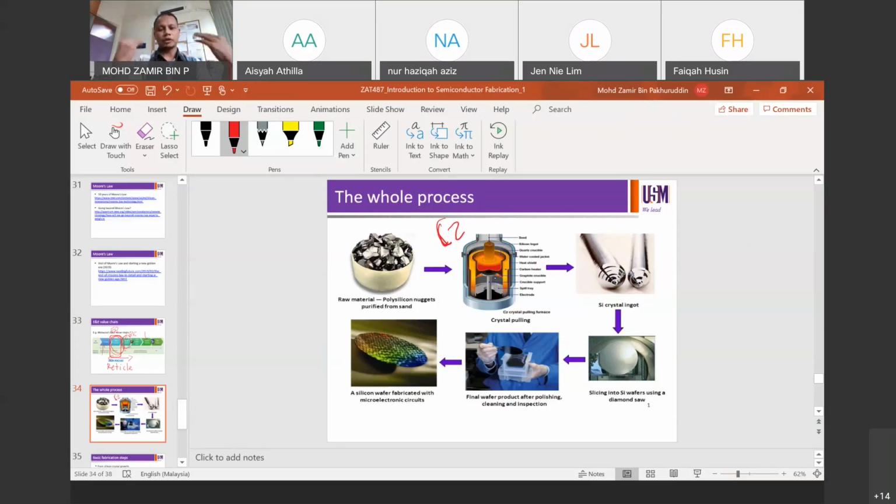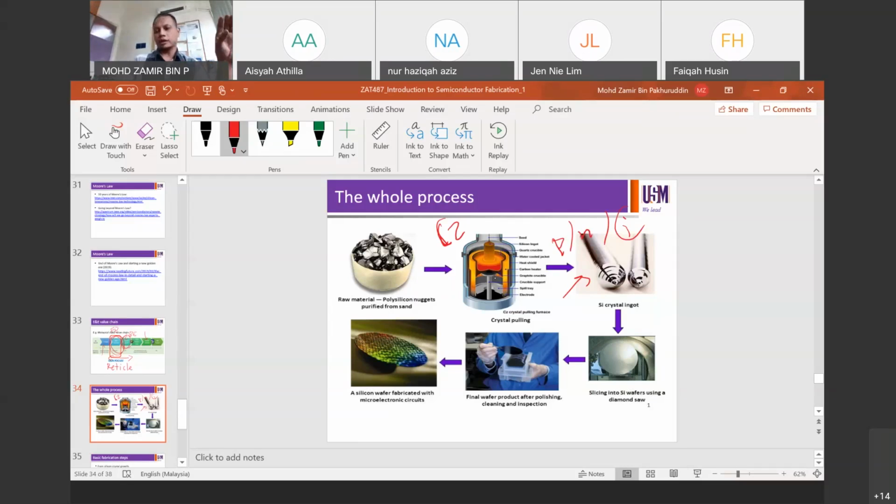Silicon will be melted, and then you're going to inject boron or phosphorus as the dopant to make sure that your ingot here is either p-type or n-type, or you can in fact choose not to dope the ingot to make it intrinsic. So we've learned about p-type, n-type, intrinsic.